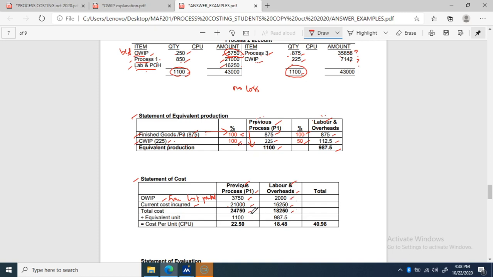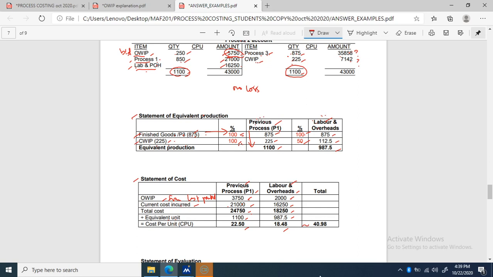Then you divide the total cost by the equivalent production from statement number 1: 1,100 and 987.5. So you get the CPU here: previous process 22.5, labor and overhead 18.48, total about 40.98. So that is the statement of cost.